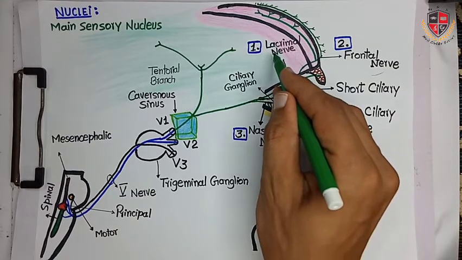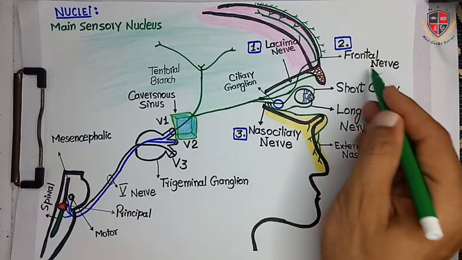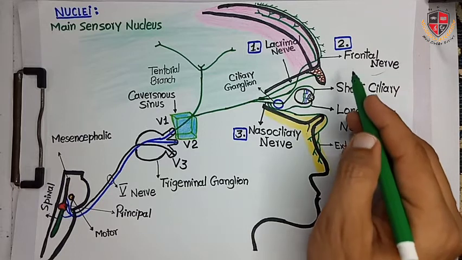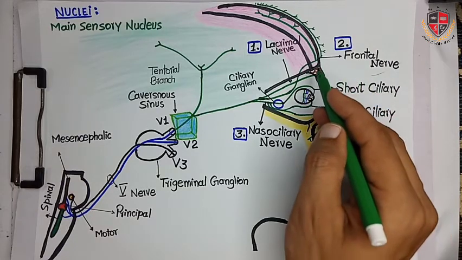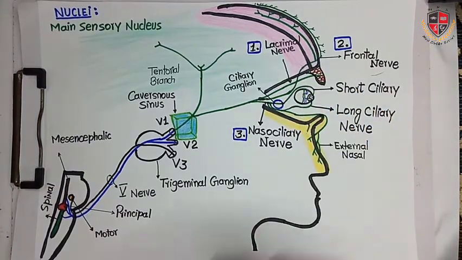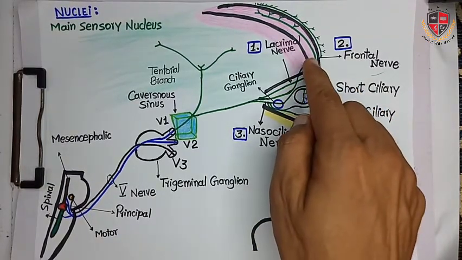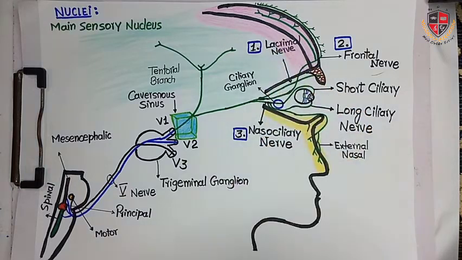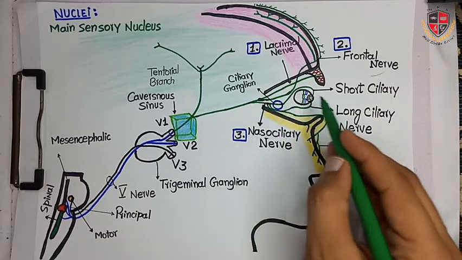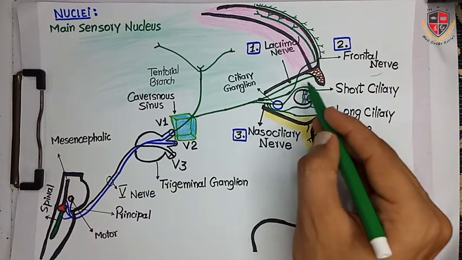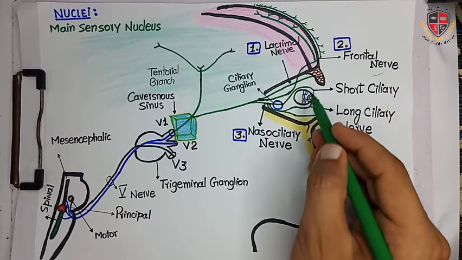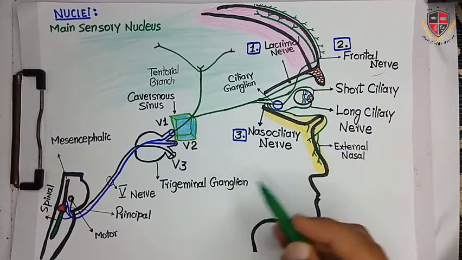First is the lacrimal nerve, then the frontal nerve, the third is the nasociliary nerve. Now the frontal nerve. The frontal nerve gives sensory branches to the forehead and scalp. This is the lacrimal nerve, which gives branches to the lacrimal gland, skin of eyelid, and conjunctiva.